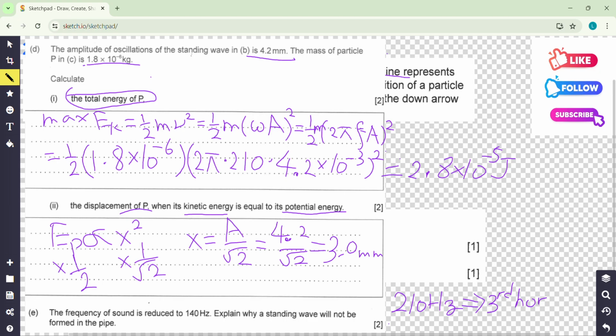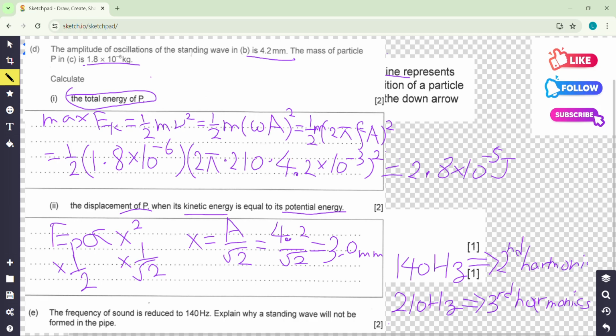From the diagram, you realize it's the third harmonic. The question is good. So supposedly 140 should be the second harmonic, right? Yeah. So why does it not appear?